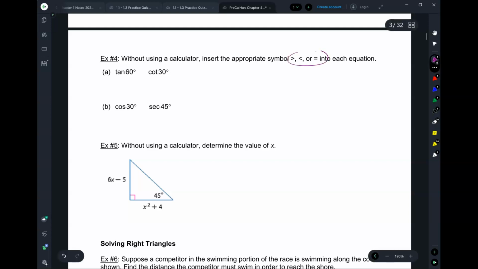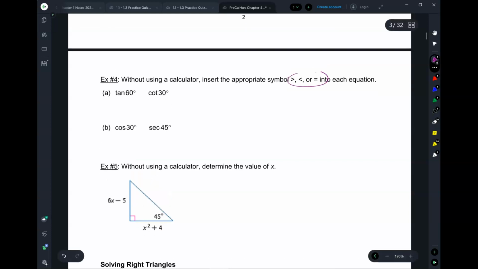using these symbols, tangent of 60, cotangent of 30. I'm just going to draw a triangle here, with sides 1, root 3, 2. Some people just visualize and see this, right? So, tangent of 60 is what based on that?